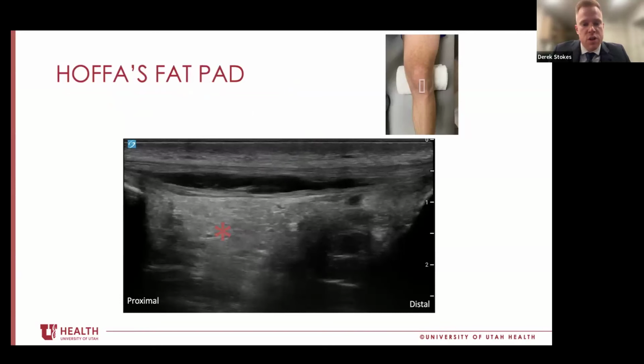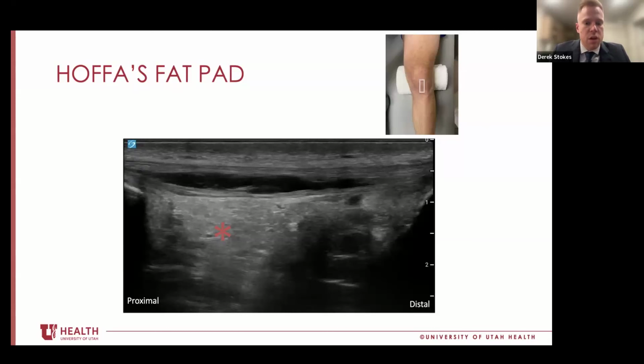Hoffa's fat pad sits just deep to the patellar tendon as well. And here, theoretically, you might be able to see some anechoic or hypoechoic defects indicating that you could have maybe a tear in there. However, it's likely most useful to evaluate for vascularity in the presence of a Hoffa's fat pad inflammatory process such as impingement.